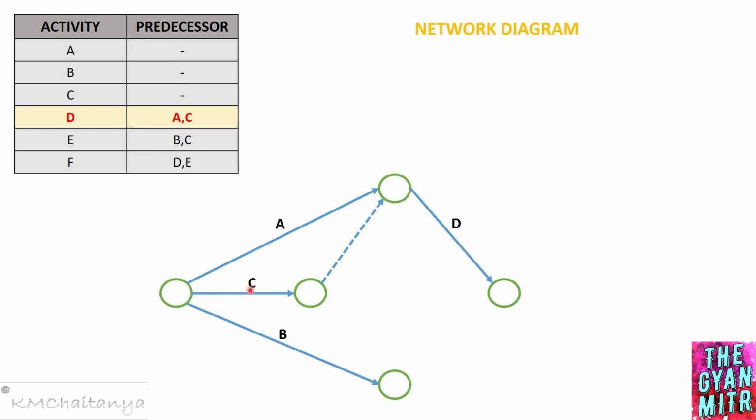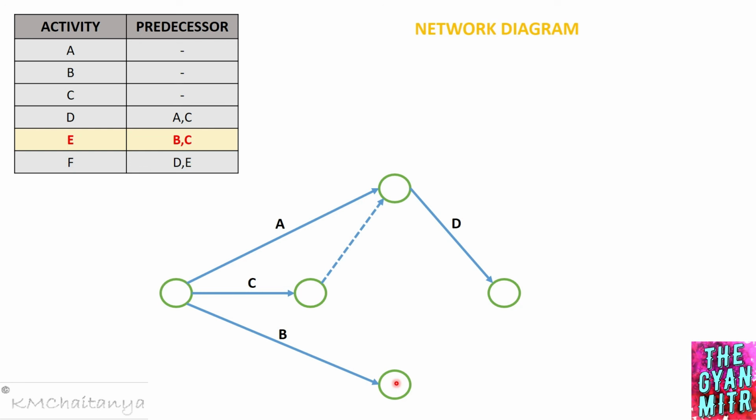So I have activity C that is coming over here and activity A in order to draw this activity D. Now let's get on to the next activity, which is activity E. So in order to draw activity E, B and C should be completed. Activity B should be completed, and again I have activity C. So I cannot directly join activity C as again it is going to violate the grammatical purpose.